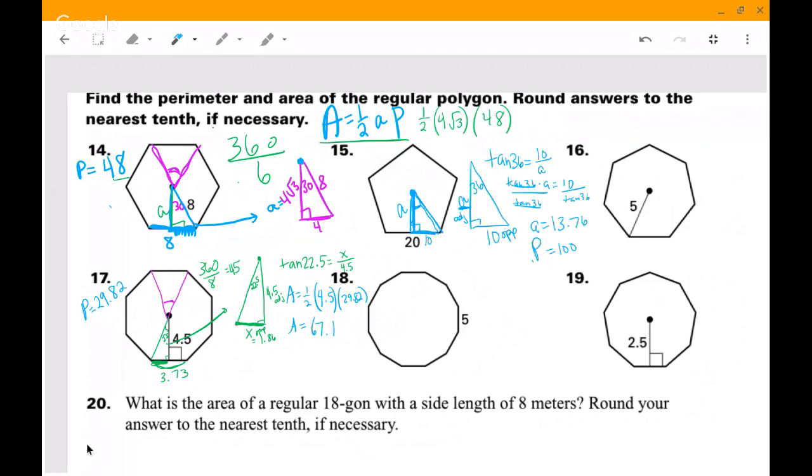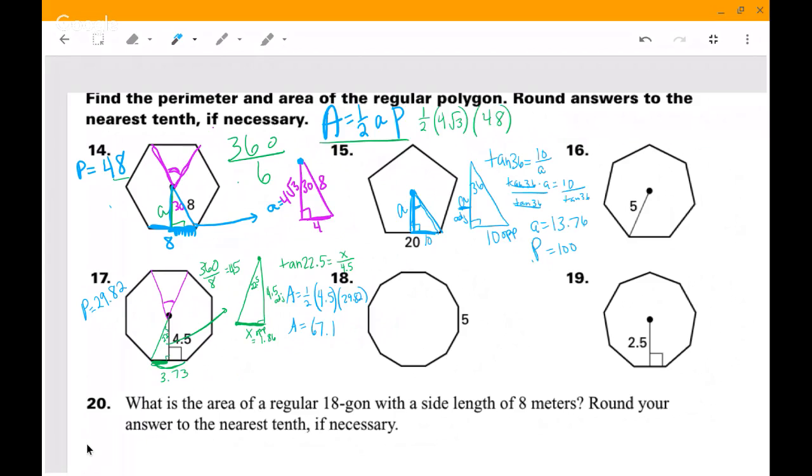Did you do 13.76 times 100 and then divide by 2? Or times 0.5? I don't know what I did, but I got 688 now. Okay. Yeah, 688 is what I got too.